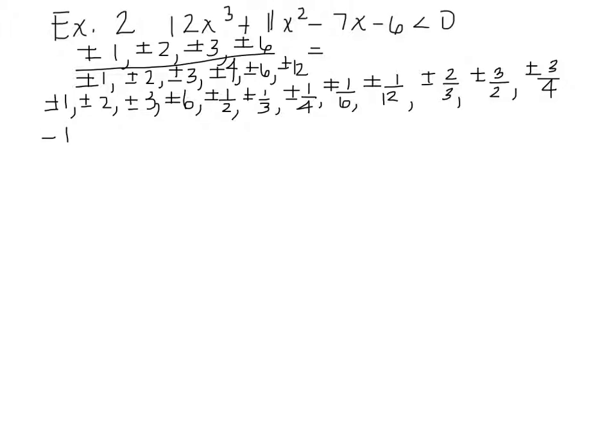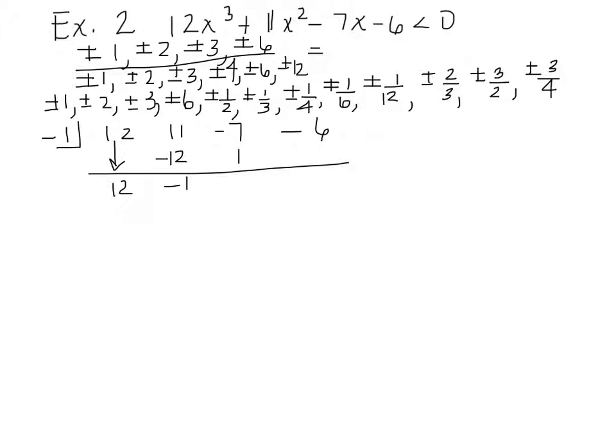I'm going to try -1. And I look, no terms are missing. Bring down the 12. Just keep doing synthetic division, hoping you were a good guesser. And we were.